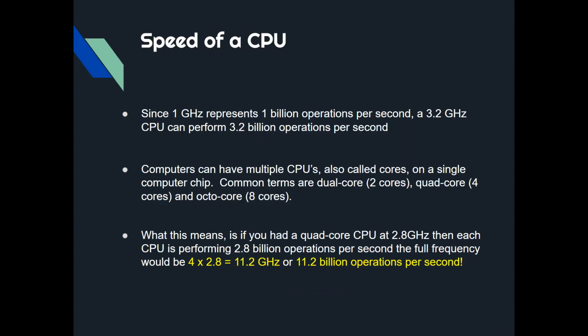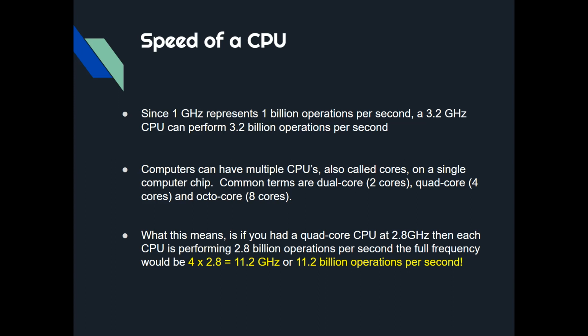I like that. So let's keep going on that speed of the CPU. As I said, 1 gigahertz represents 1 billion operations per second, and 3.2 gigahertz is 3.2 times bigger, so you just multiply. That's 3.2 billion operations per second. But modern computers typically don't just have one CPU in them. They really have multiple CPUs called cores on a single chip.